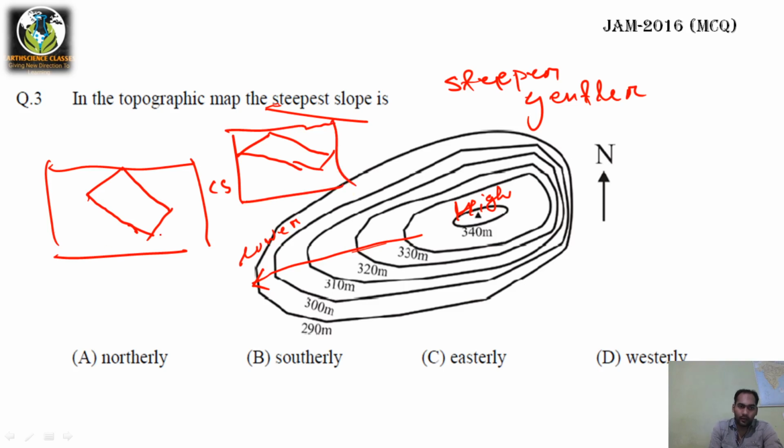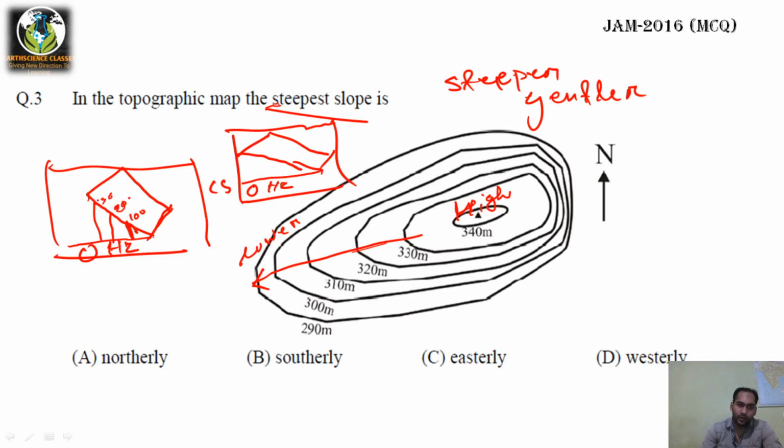So here it is the horizontal, right? Let's say this is 0 elevation. Now here it is 0 elevation, 100 meter is here, 200 meter is, this is 200 meter, this is 300 meter, right?